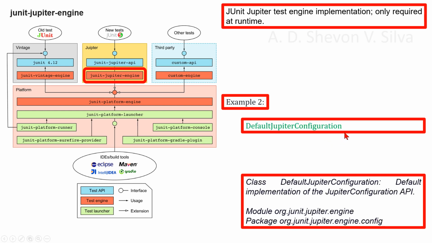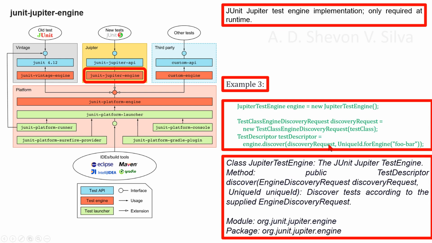As an example 2, we can consider the DefaultJupiterConfiguration class, the default implementation of the JupiterConfiguration API. This is in the module org.junit.jupiter.engine and package org.junit.jupiter.engine.config. As an example 3, we can consider this code segment.